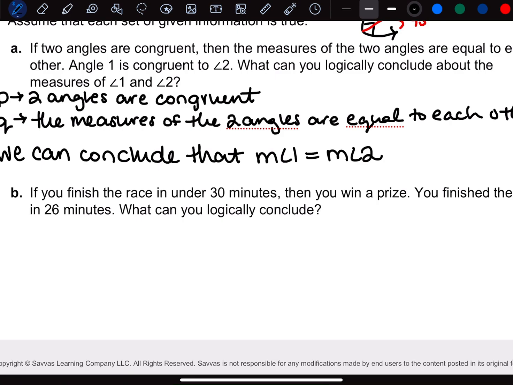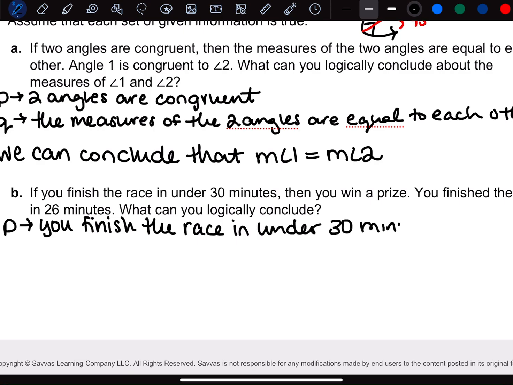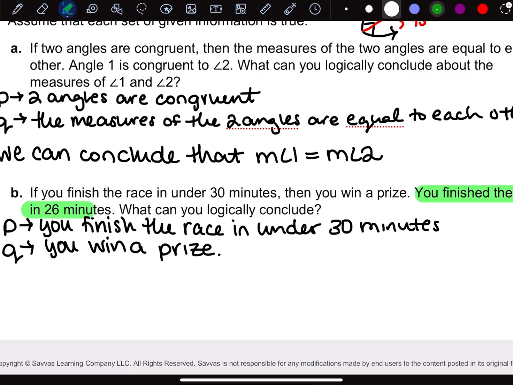If you have resumed this video, you have identified that P, the hypothesis, is you finish the race in under 30 minutes. And Q is you win a prize. In this scenario, they tell you that you finish the race in 26 minutes.